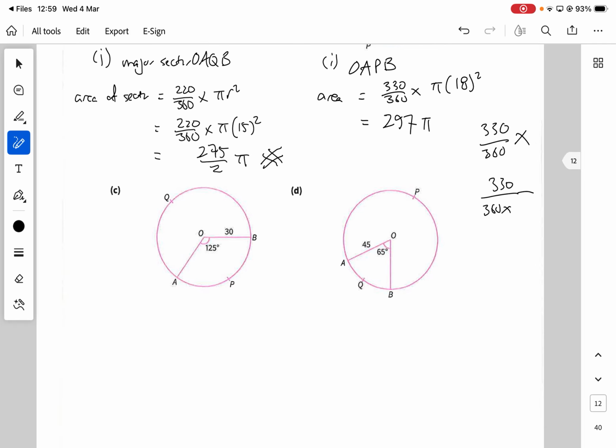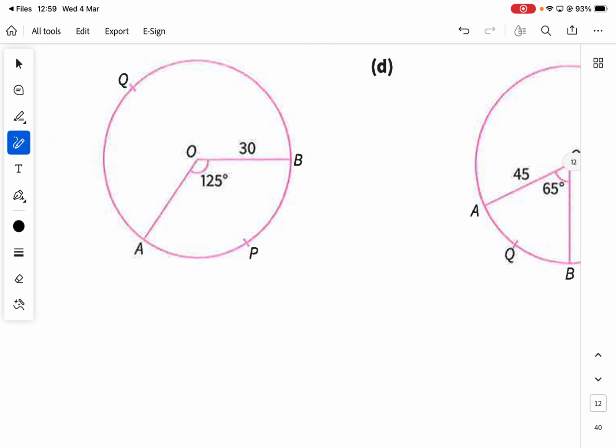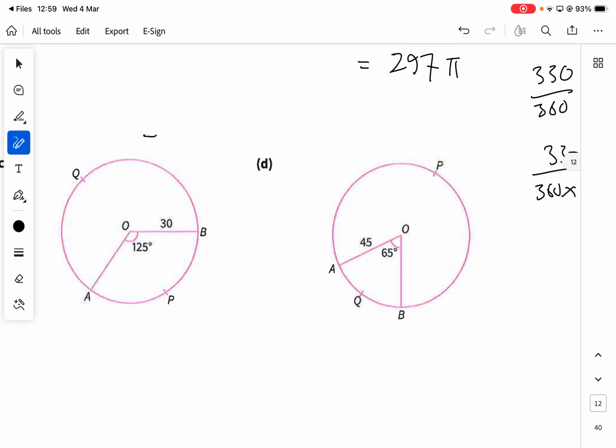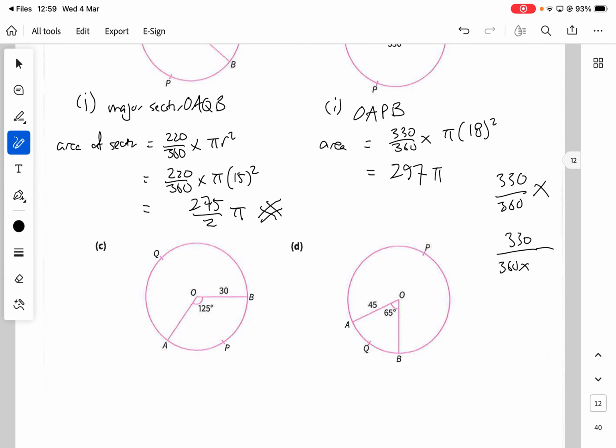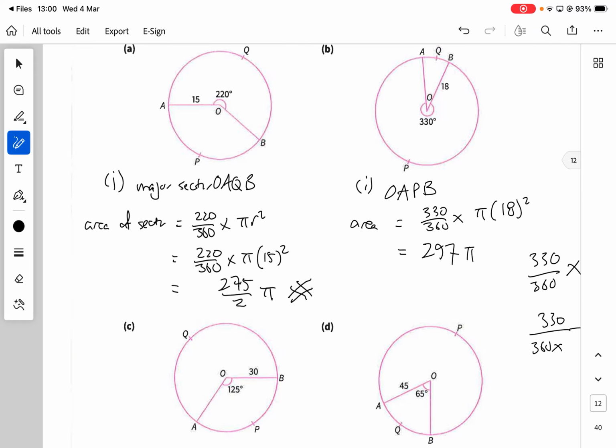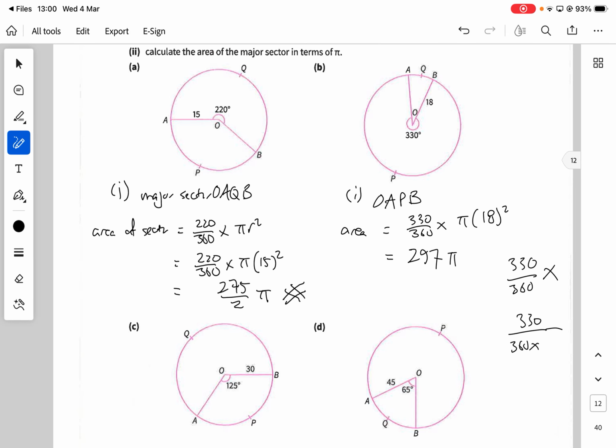How did you get 275? This one, I key in 220 over 360 times 15 square, also by pi, because I put my pi behind. I don't want to key pi into the calculations. This whole question, they tell you in terms of pi.